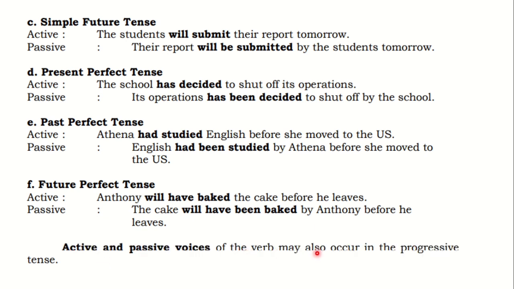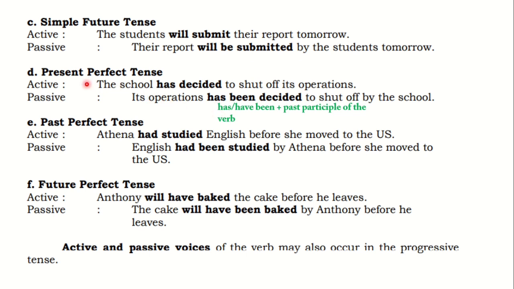Active and passive voices of the verb may also occur in the progressive tense. Okay, but first let us observe the pattern of the sentences. For this one, we have will be plus the past participle of the verb.